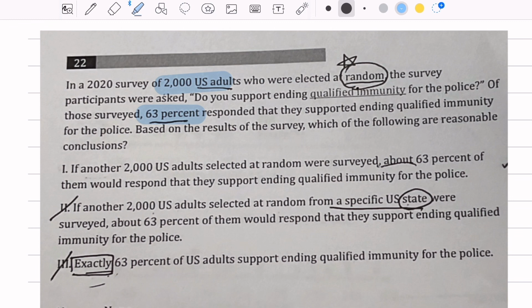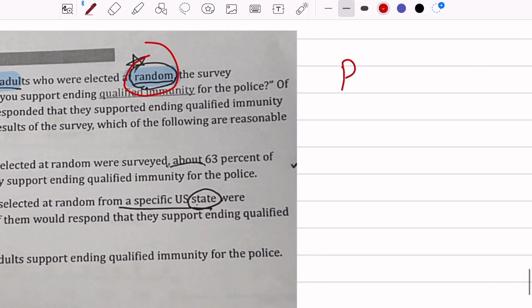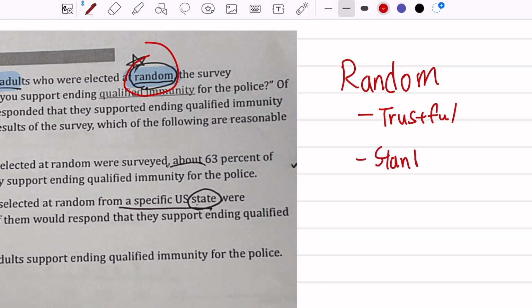Before starting on the options, you have to realize that when you say random values, it means the values are very trustworthy. But of course, there will be some standard deviation because this is not the exact value.